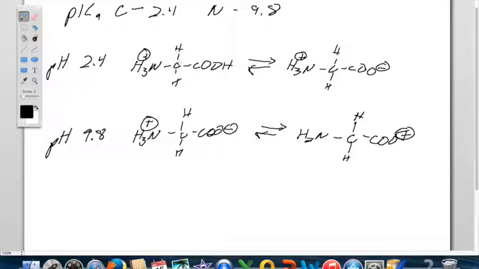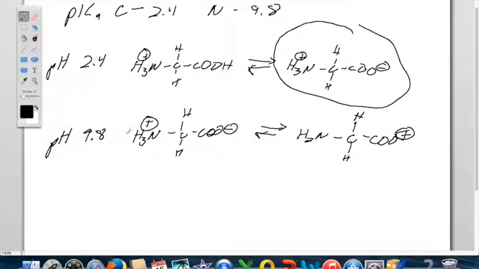So let's examine each of these structures. This structure, the fully protonated structure, has a net positive charge. When 50% of the molecules look like this, those molecules are in an isoelectric form. You can see we have a positive and a negative charge, so the net charge on this molecule is 0, or isoelectric.